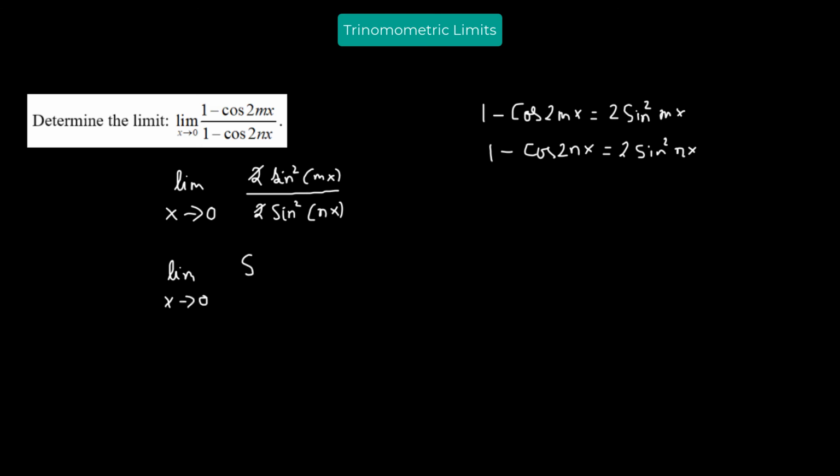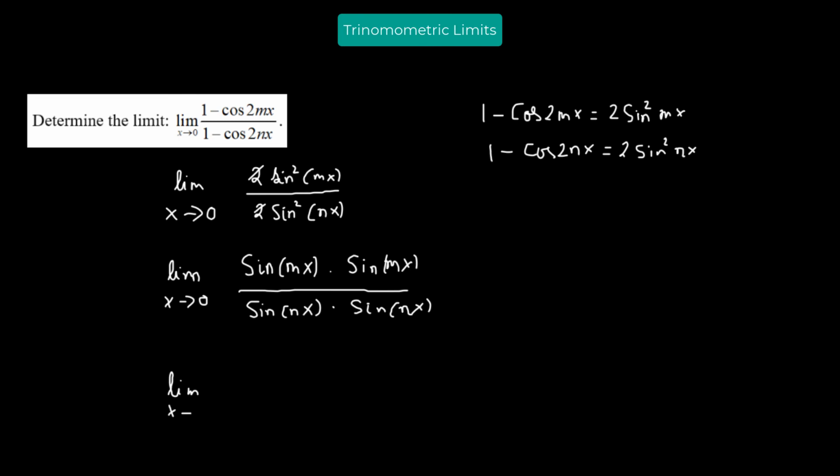So we have limit x tending to 0. Now instead of writing it as sine squared mx, we're going to write it as sine mx times sine mx divided by sine nx times sine nx. Now we're going to divide the numerator, which is sine mx, by m times x, and we are going to multiply mx to it.